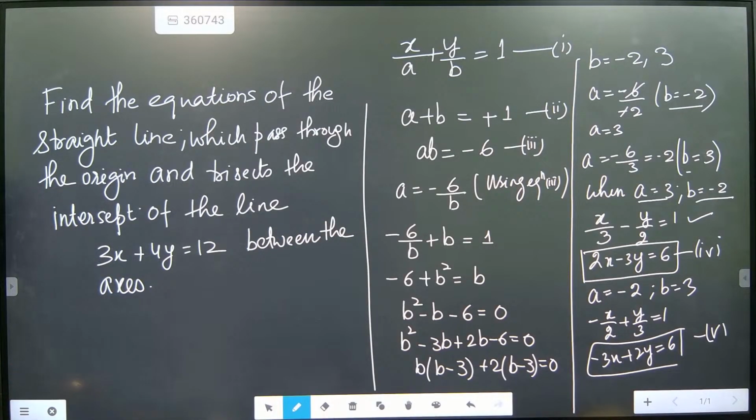Please kindly try this question. Between the axes, it is trisecting.